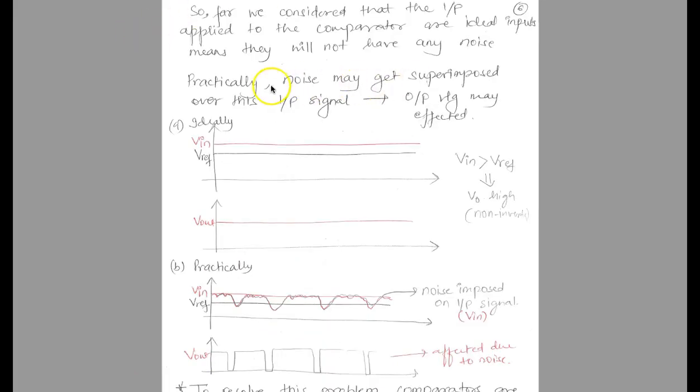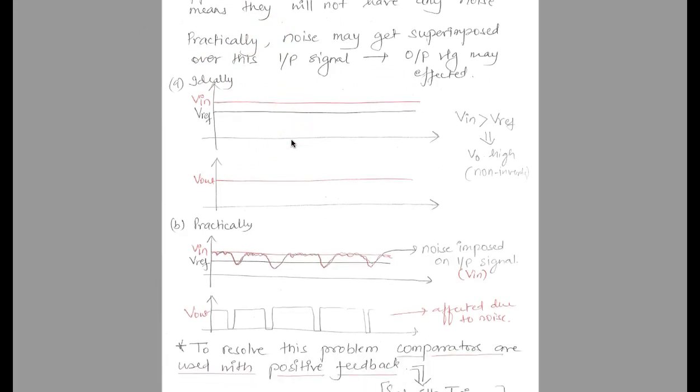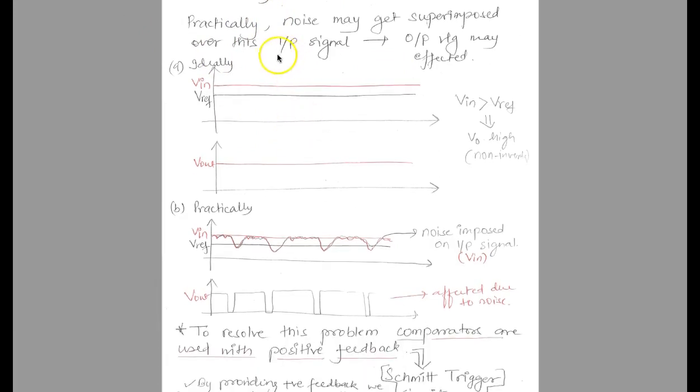Now, so far we have considered that the input coming to the comparator is ideal. In that situation, we were getting the ideal output, but practically in your signal you will have some distortion, you will have some noise, and your comparator should be good enough to avoid that noise.